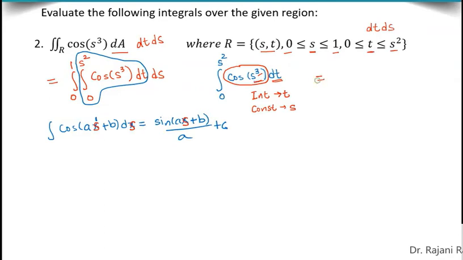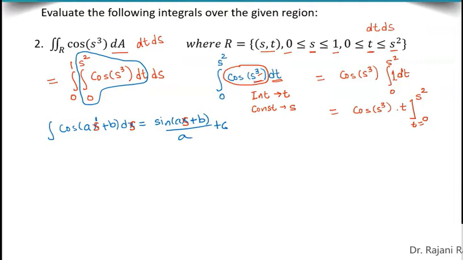Our integral will become cosine s power 3, and you are just integrating the term from 0 to s square dt. What is the integral of this? It is cosine s power 3 times t, since the integral of dt is the same as the integral of 1 dt, with the limit of t from 0 to s square.